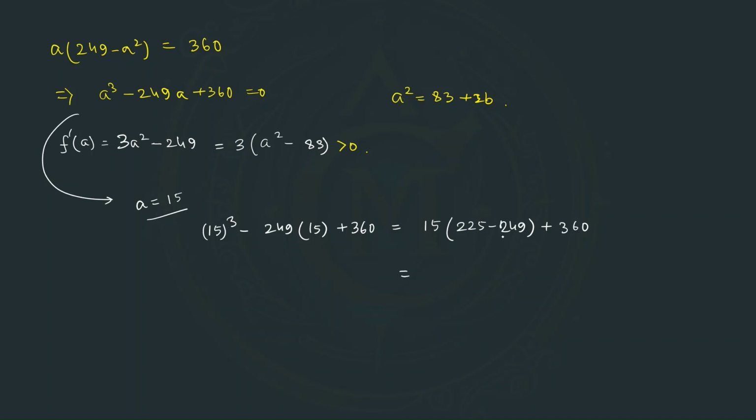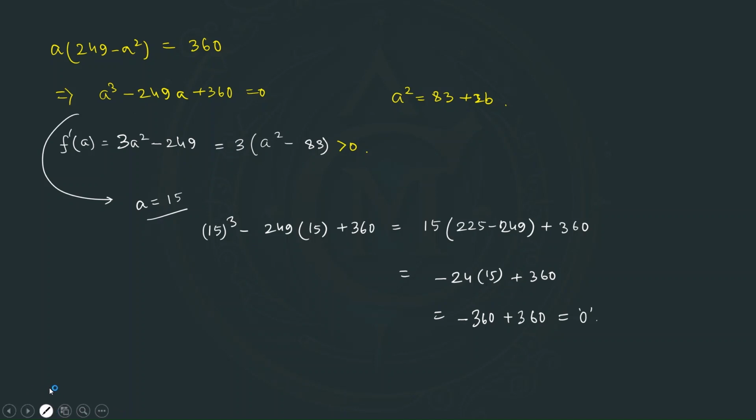So this now will be equal to 24 times 15 with a negative sign plus 360. So 24 times 15 is 360 and with a negative sign. So this will give us the answer 0. That means a equal to 15 is the unique root of this cubic equation.